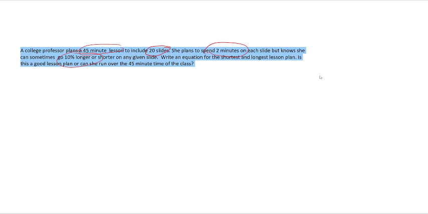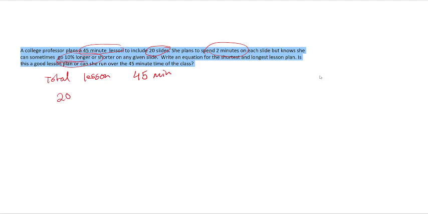Okay, so what are we doing here? Again, we have a percentage, and again, the error or the change from the original plan can be either to go up or down. So we can go either longer or shorter, and this time the difference is 10%. So let's write this out again in terms of just what we know so that we have this standing out. So our total lesson is 45 minutes, right? That's a given.